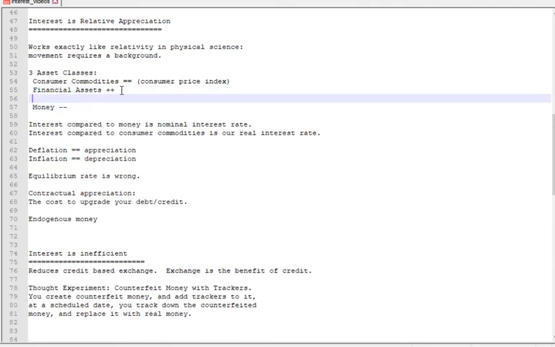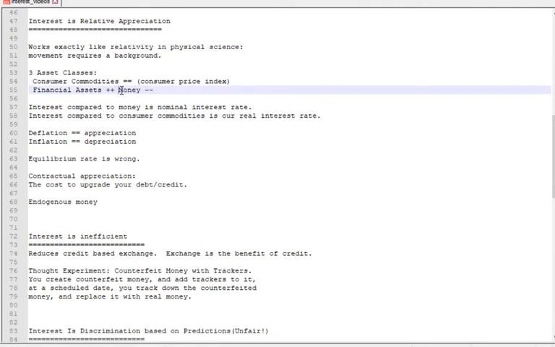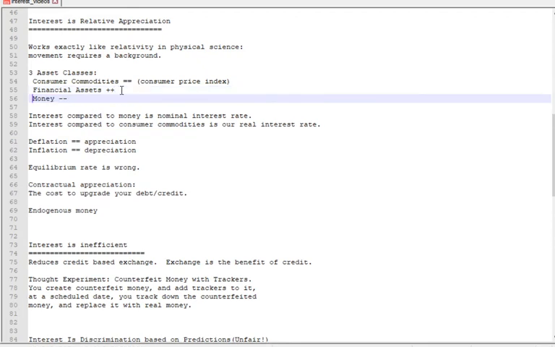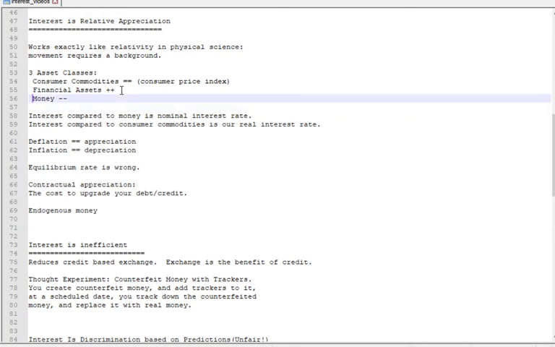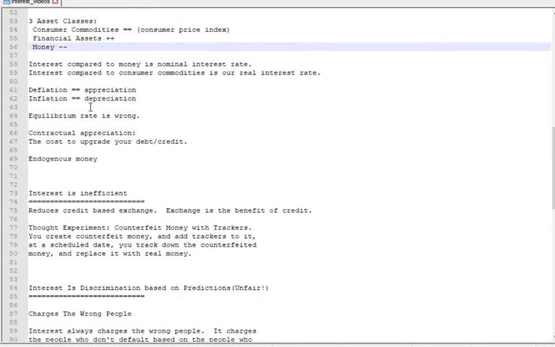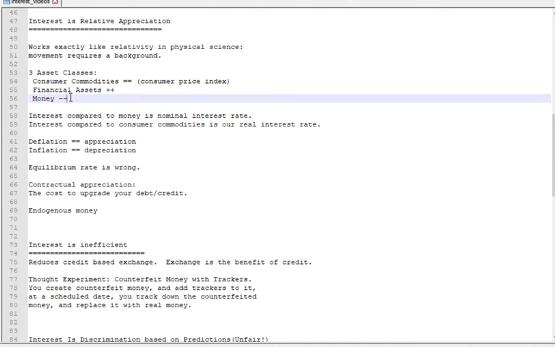But if we consider money a financial asset, then that theory breaks down, and it becomes clear that the only equilibrium rate that is possible is 0. Now, if you separate money into a distinct thing, then you can have a positive equilibrium rate relative to money.